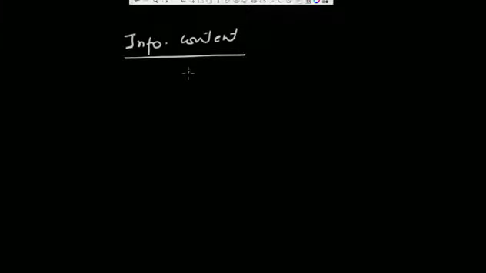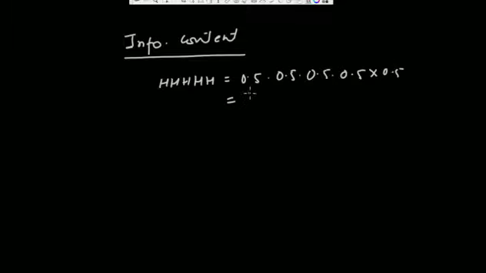However, if it has happened, what will be the probability to observe head, head, head, head? It's going to be 0.5 times 0.5 times 0.5 times 0.5, right? It's going to be a very, very low value. However, given that such an event has happened, we gain information, right?